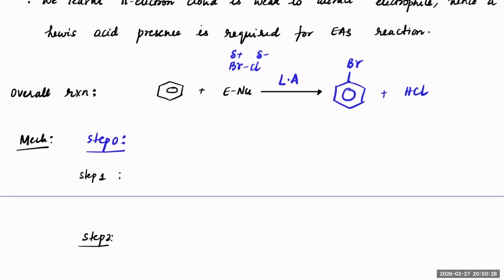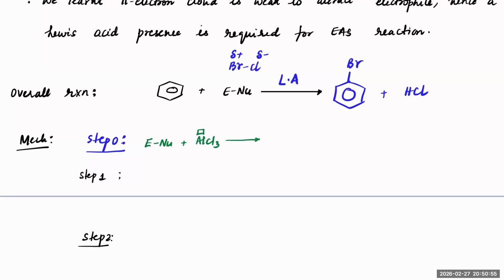Stepwise, how does it happen? Step 0 means creation of an electrophile first. So how are we doing that? Suppose you have Br and Cl. Let me write down electrophile and nucleophile here, connected together. And then you have a Lewis acid. Let's say AlCl3 is one Lewis acid which has an empty orbital.